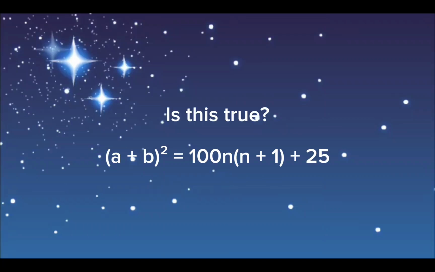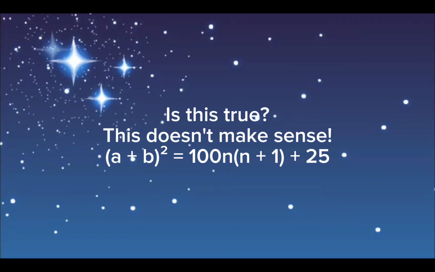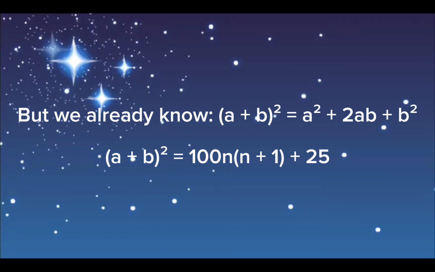However, if we didn't do the substitution, the relationship wouldn't make sense, because a and b do not compress to a single variable n. Also, we already established that (a + b) squared is a squared plus 2ab plus b squared, just by using pure algebra: evaluating, distributing, simplifying, and that's it.